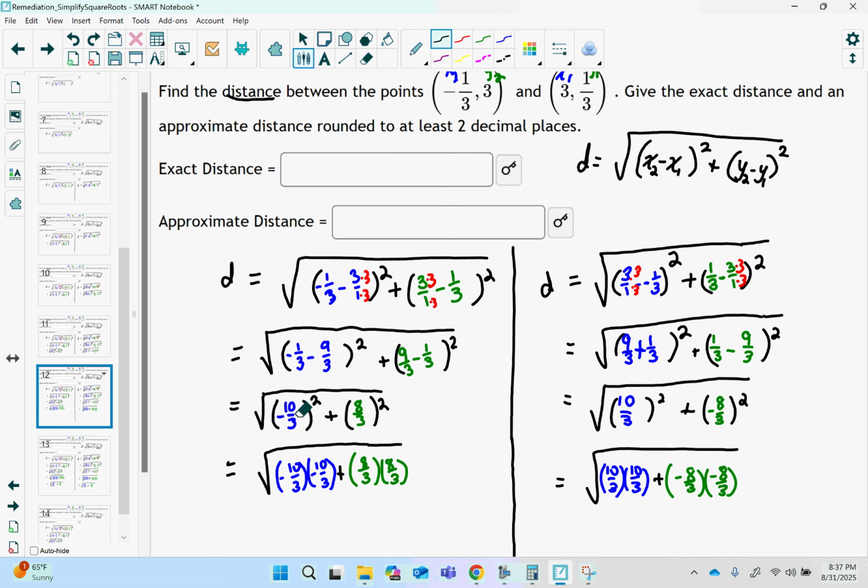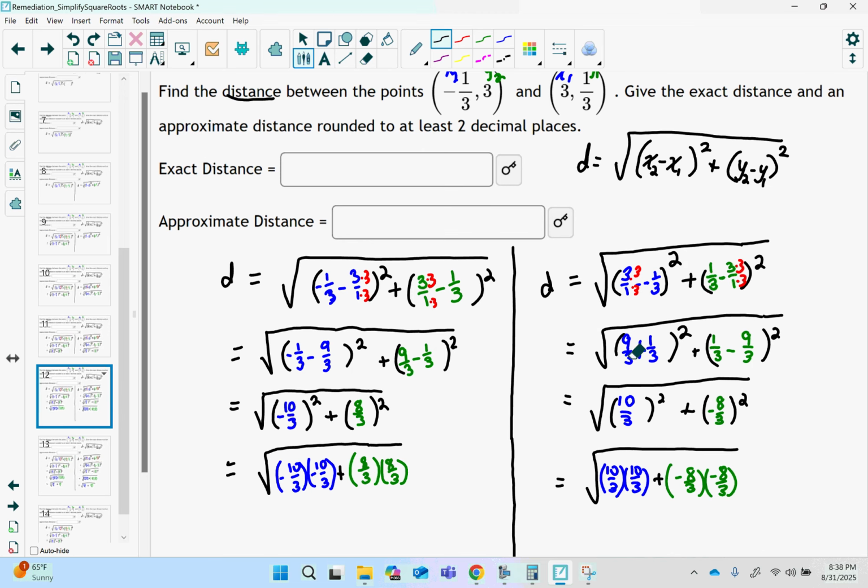The negative 10/3 quantity squared, I rewrote as negative 10/3 times negative 10/3, because I wanted to make sure you could understand that it's a negative times a negative, and hopefully you recall that anytime you multiply two negatives, you get a positive result, right? Then positive 8/3 times positive 8/3, of course, is going to stay positive because they're both positive.